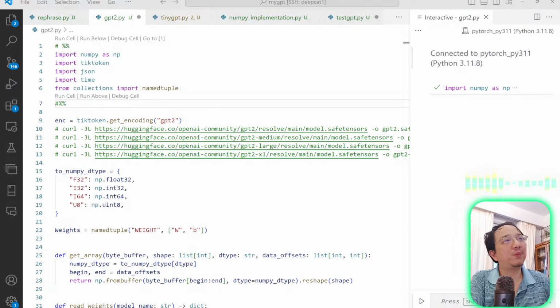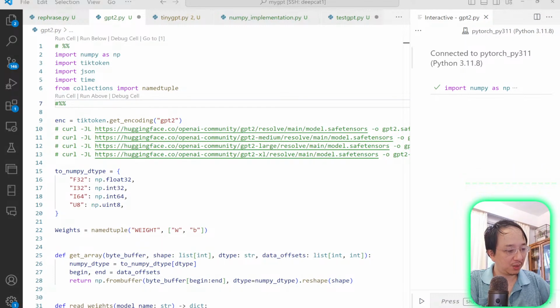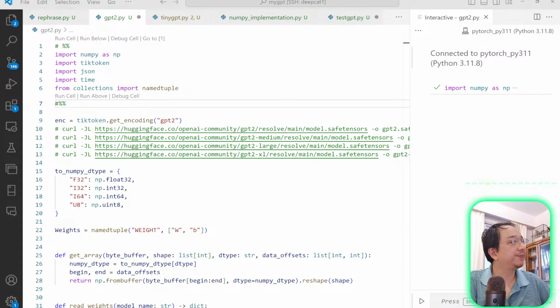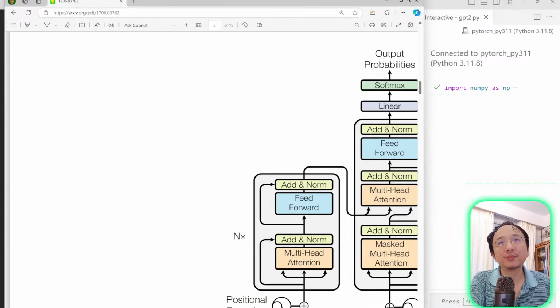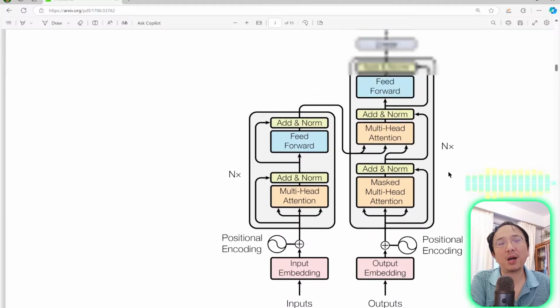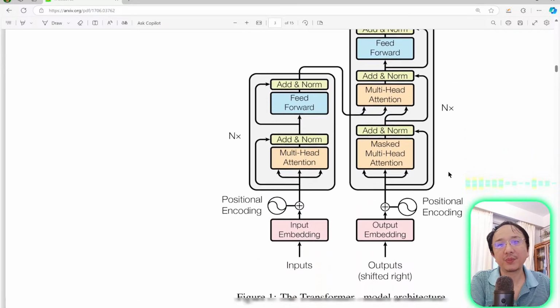So let me arrange my screen. Transformer, Attention Is All You Need. The paper is Attention Is All You Need. Let me first explain the transformer architecture a little bit.